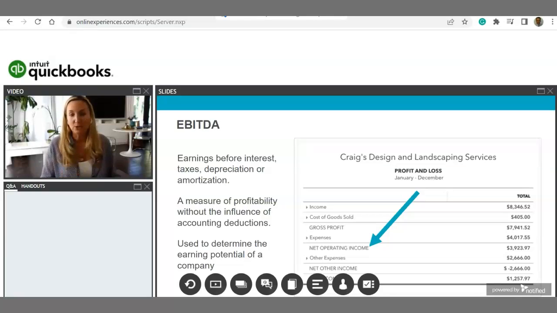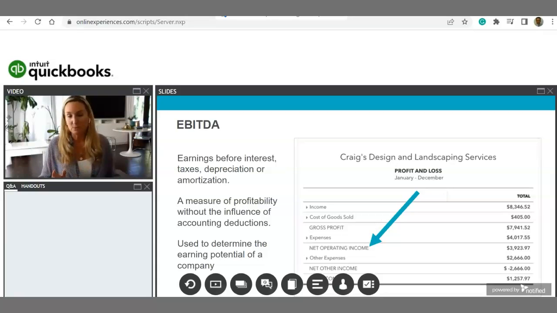They'll fall below the net operating income line. So you see I have an arrow pointing at the net operating income line. Imagine if interest, tax, depreciation, or amortization fell below that in the other expenses section, then your net operating income could be the same as your EBITDA, and then you won't have to manually calculate it. You can just have it here on the P&L.